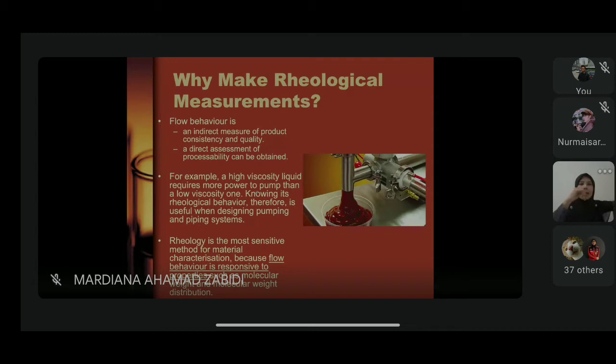So the engineers are able to design the pumping system or arrange the equipment required for the production to go through. Rheology is the most sensitive method for material characterization because flow behavior is responsive to properties such as molecular weight as well as molecular weight distribution.